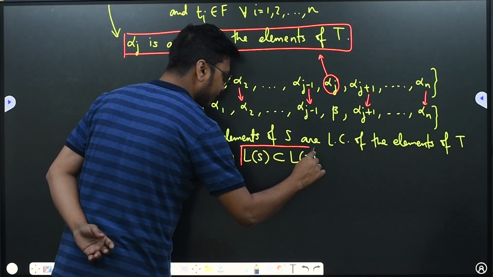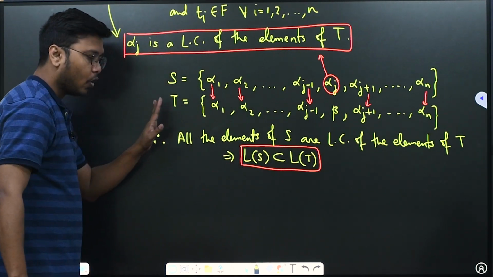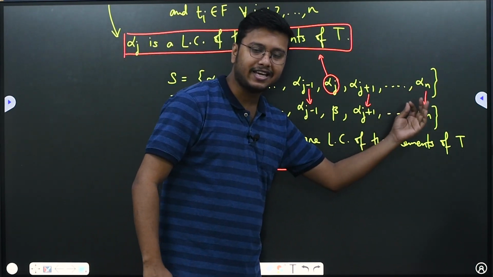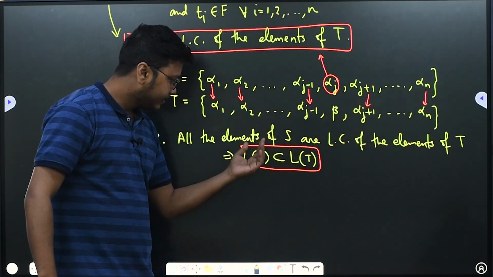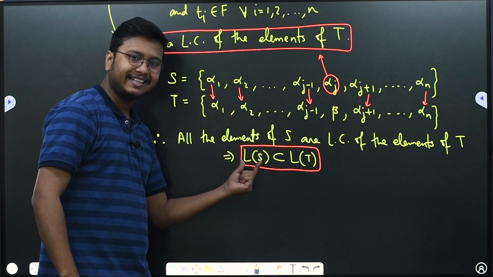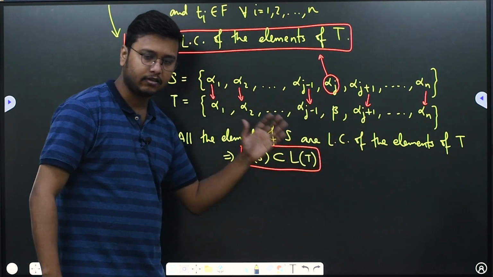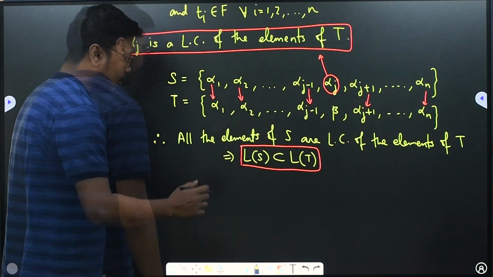This is a property of linear span: if all elements of a set are linear combinations of the elements of another set, then the linear span of the first set is a subset of the linear span of the second set.